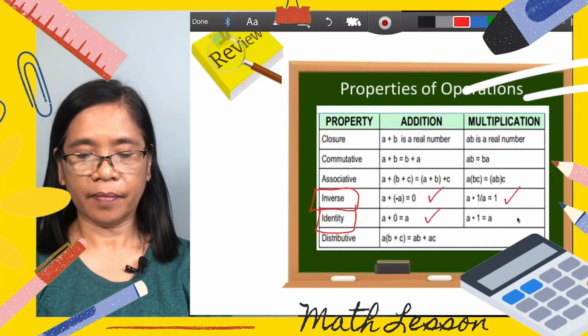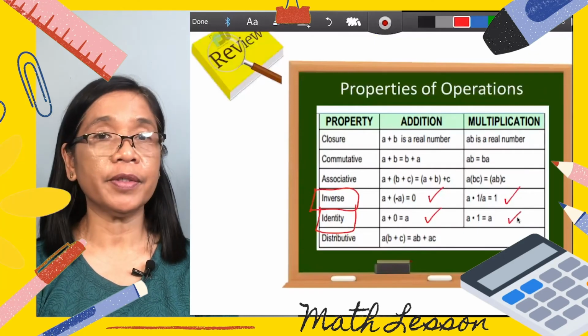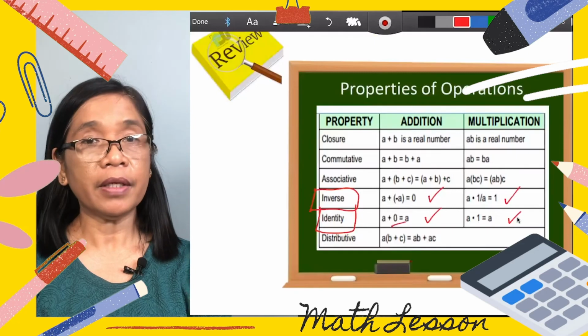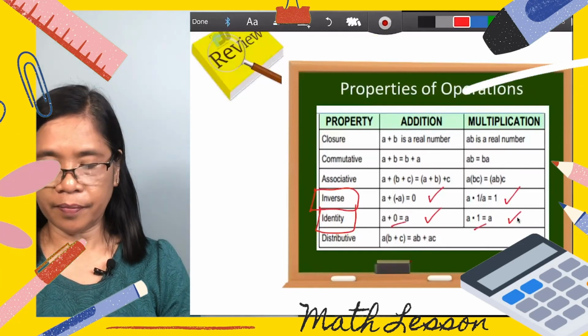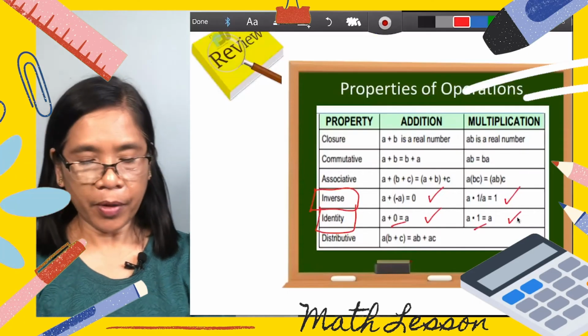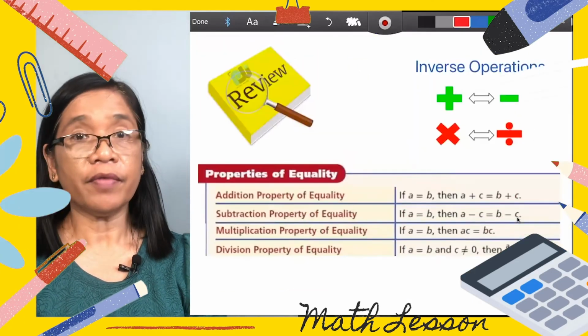We also know that addition and subtraction are inverse operations. Multiplication and division are also inverse operations. We will also use the properties of equality in justifying each step in solving equations.